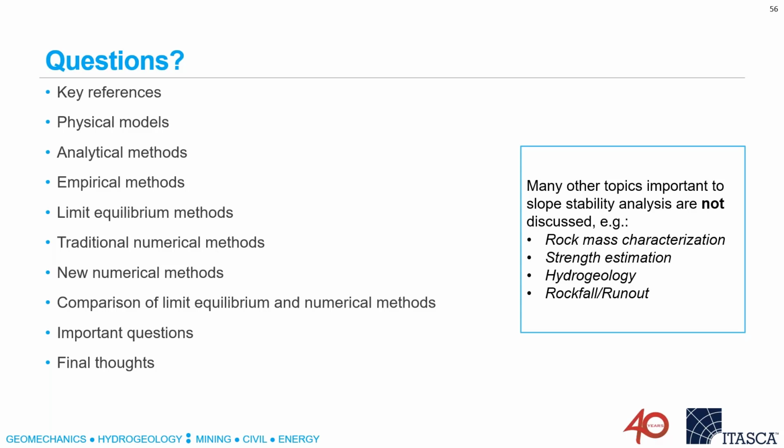Yeah, again, so before I say that, I'll say that the most important part of slope stability analysis is identifying the weakest components, and that may be a fault, it may be a bedding plane, it may be a rock mass, but that's where we need to spend our effort.